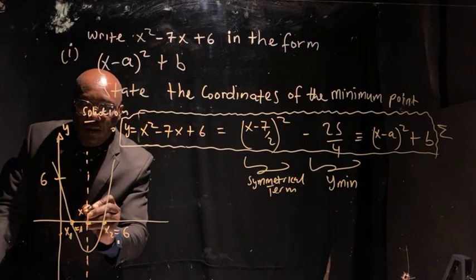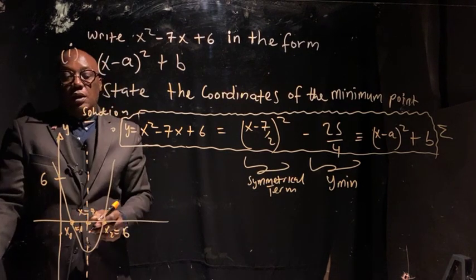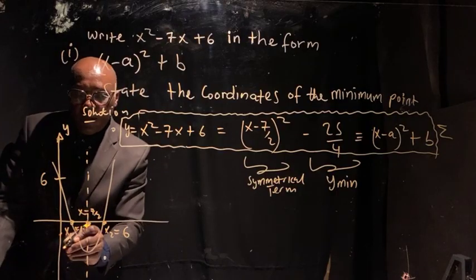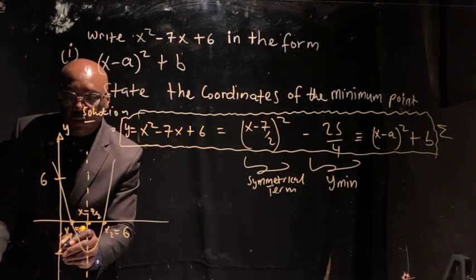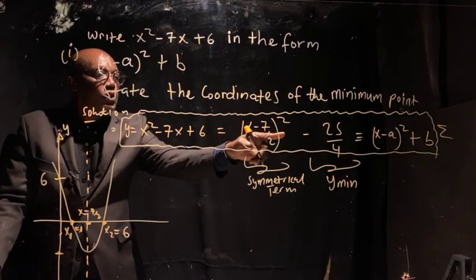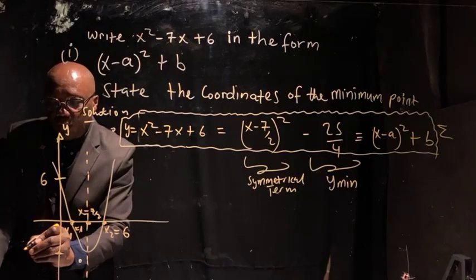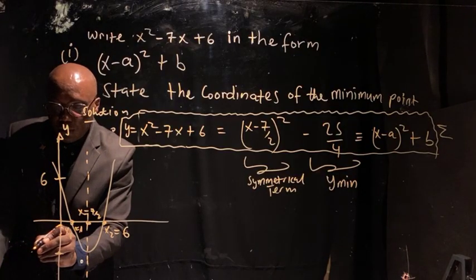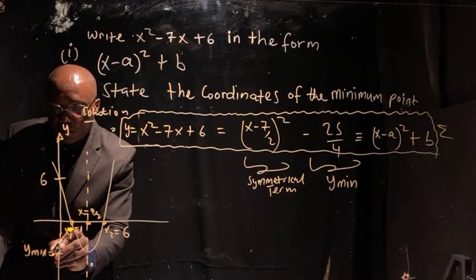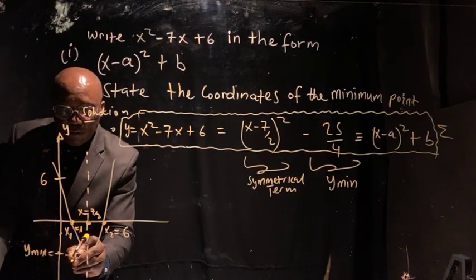Here, S is equal to 7/2. And then y minimum is equal to minus 25/4.